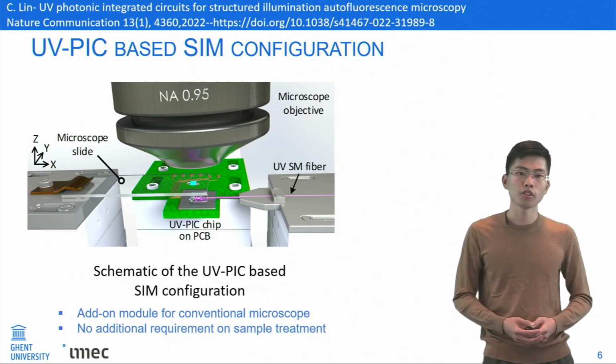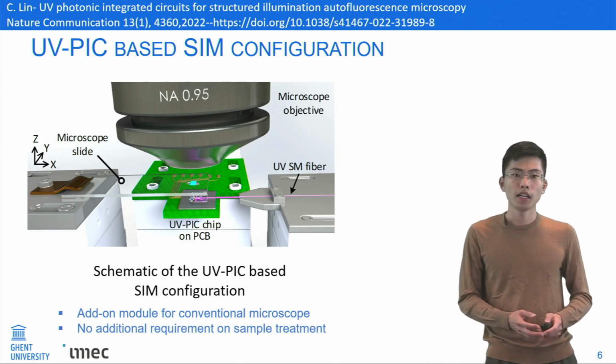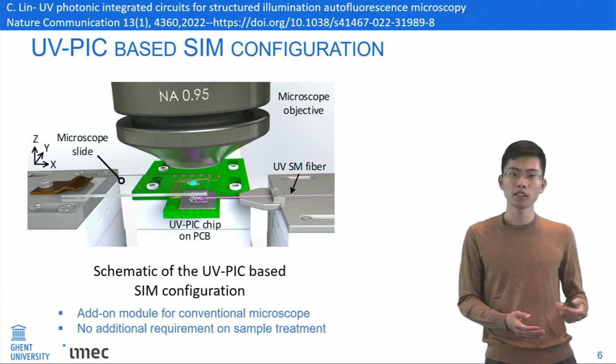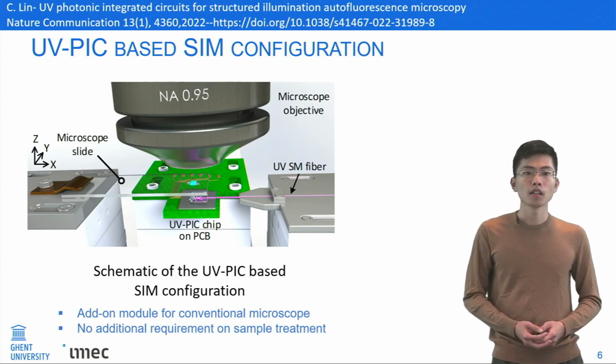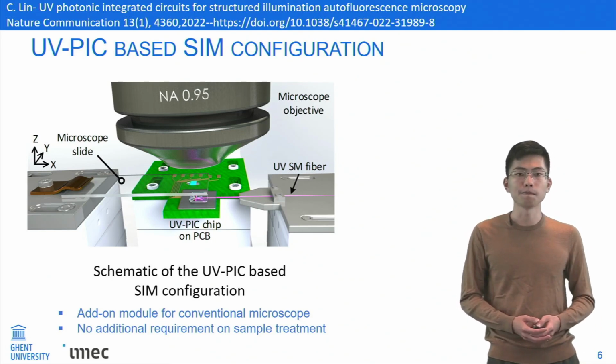Here we show the configuration of the setup. The sample is prepared on the microscope slide and placed below the microscope objective at a working distance to be imaged. This is just a standard protocol for fluorescence imaging.